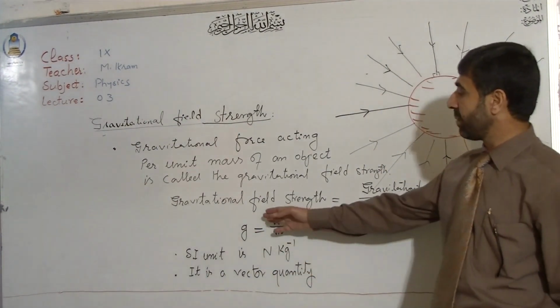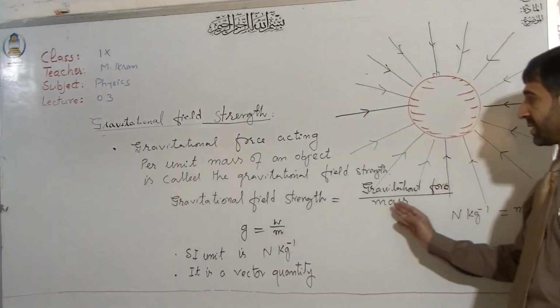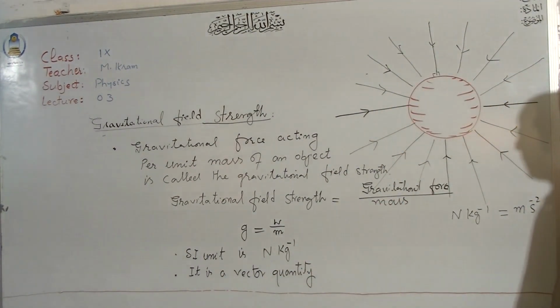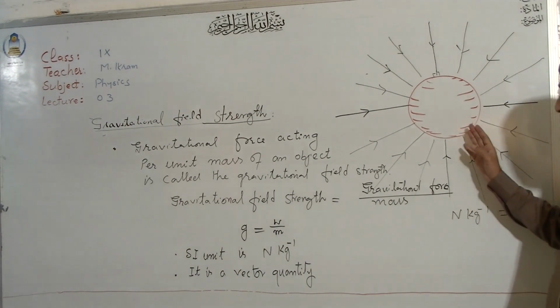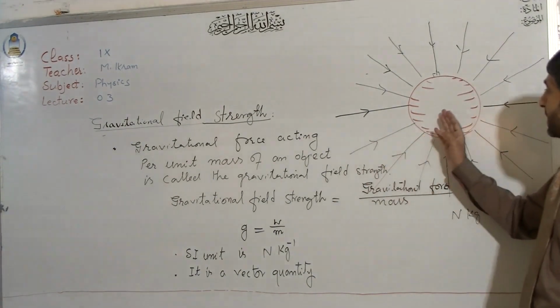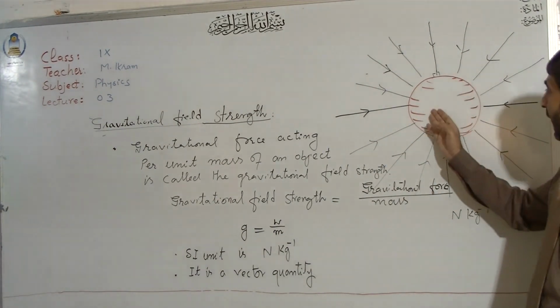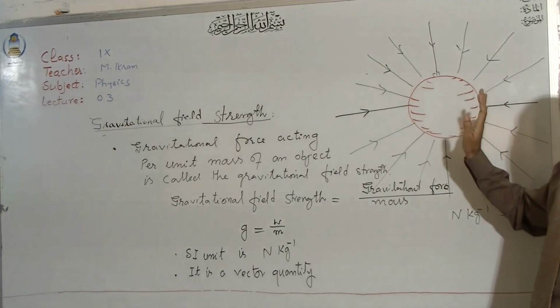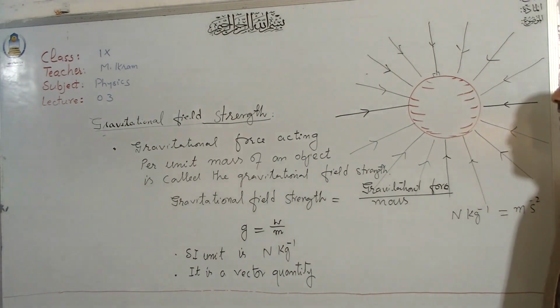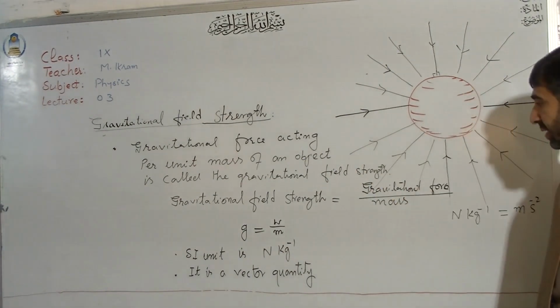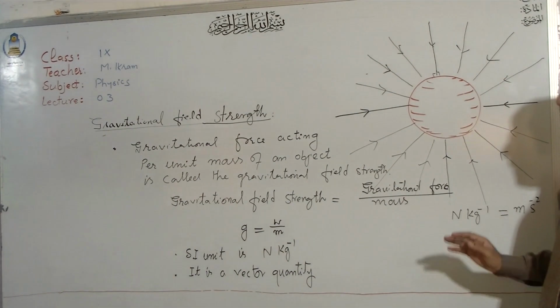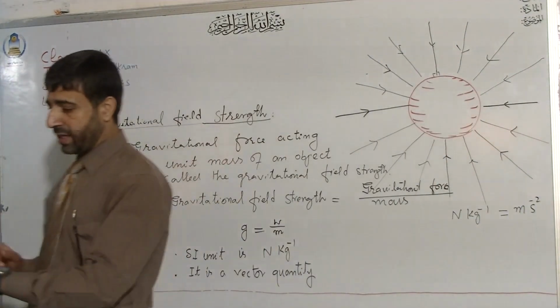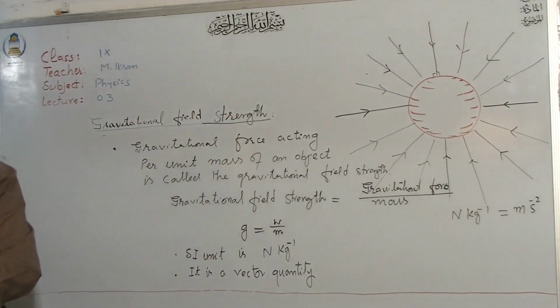It depends on other parameters, which we will discuss in our next lecture. It depends on the mass and the radius of the given object or planet of which we are going to determine the gravitational field strength. So this is all about the gravitational field strength of an object.